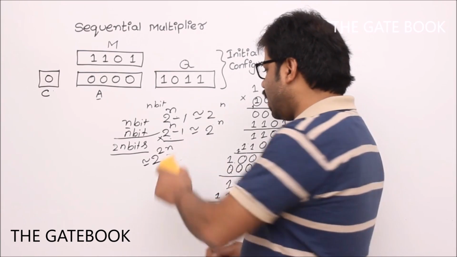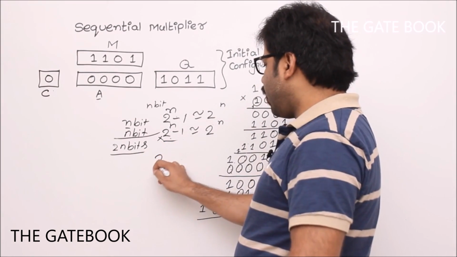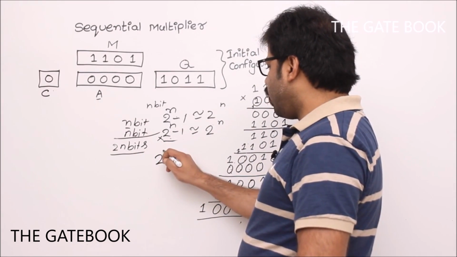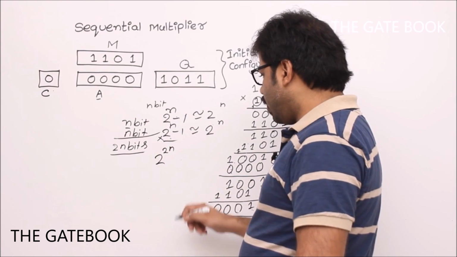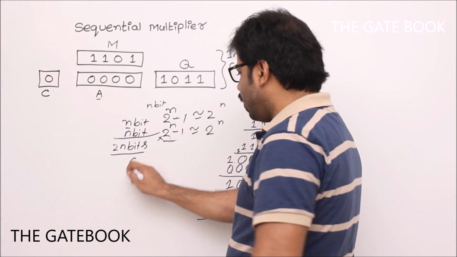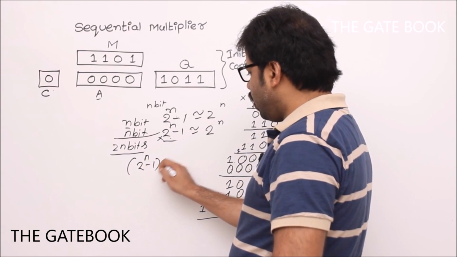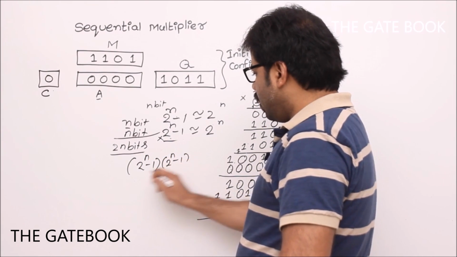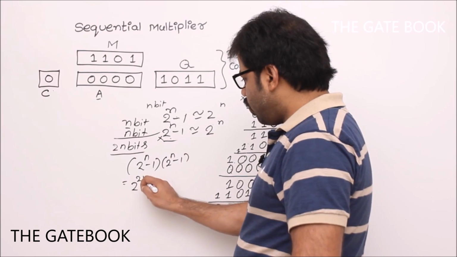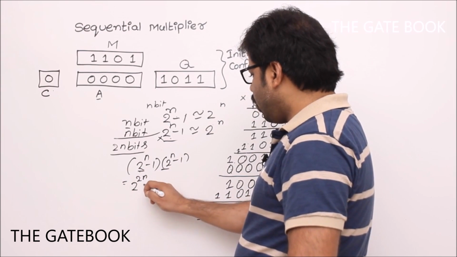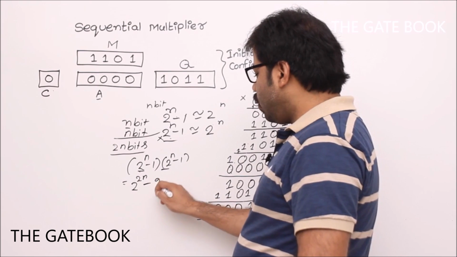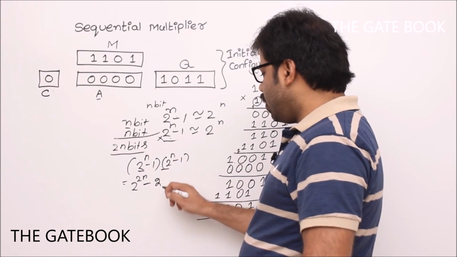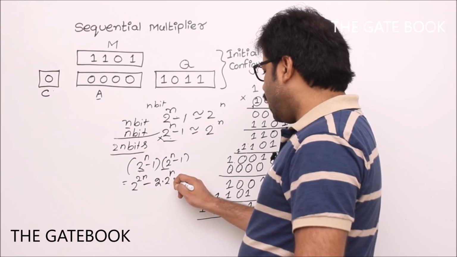Because we did not take exact values, right? If you take exact values, then it would be 2 to the power of 2n. Let's multiply them. If I multiply them, you get 2 to the power of 2n. So you know how to multiply: (2 to the power of n minus 1) times (2 to the power of n minus 1). If I do simplification, you get 2 to the power of 2n minus 2ab plus b square, where a is 2 power n and b is 1.